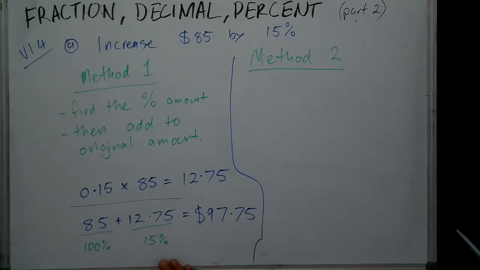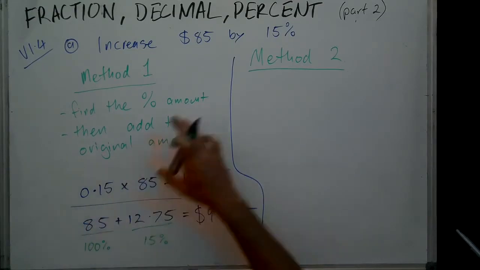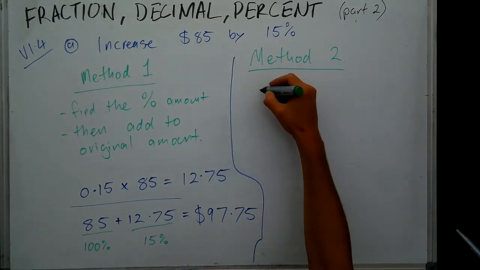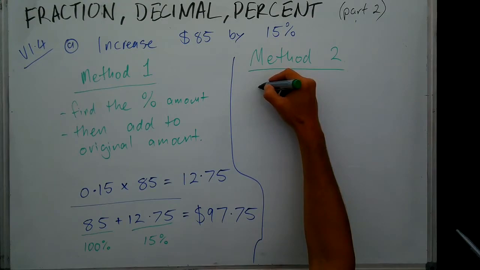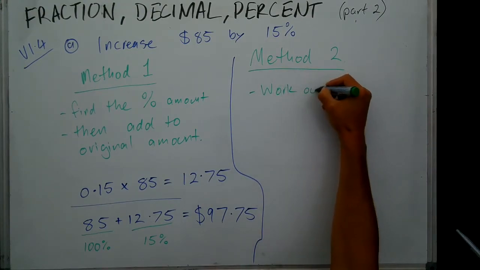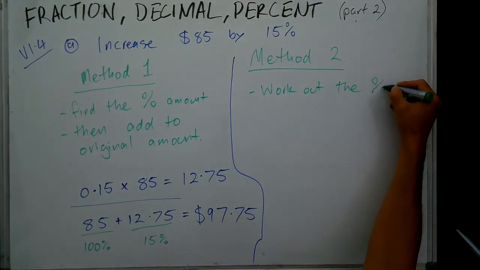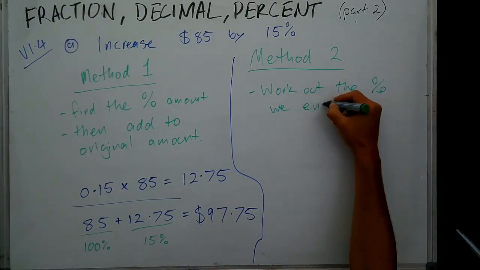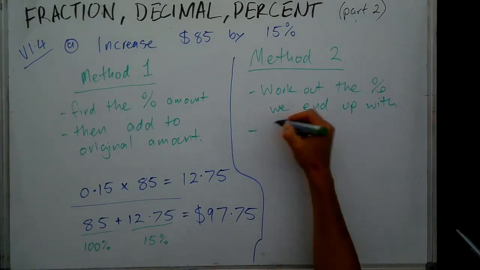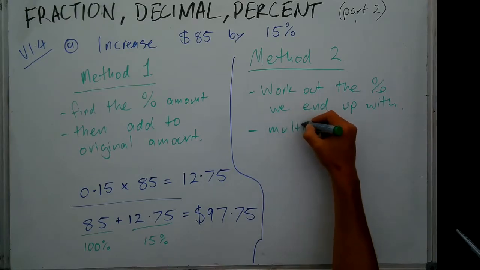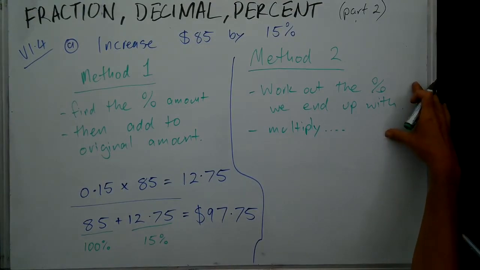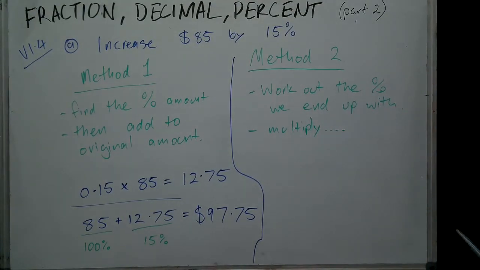So what we're going to do is, instead of working out the 15% and then adding it on, we're going to realize at the start, work out the percent we end up with, and then just multiply. Might not be the best way to explain it, but once we do it, we'll get there.